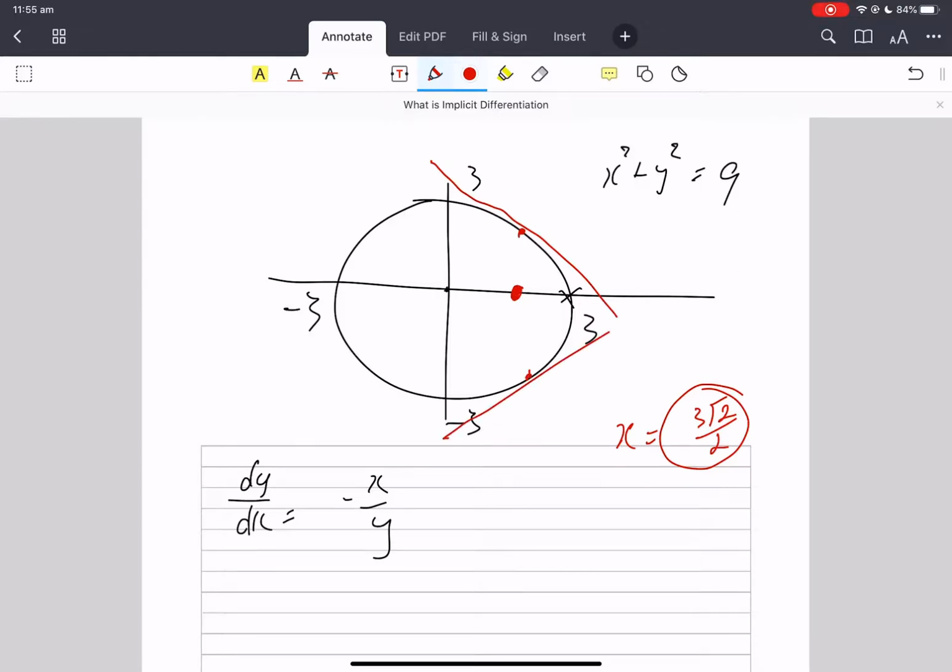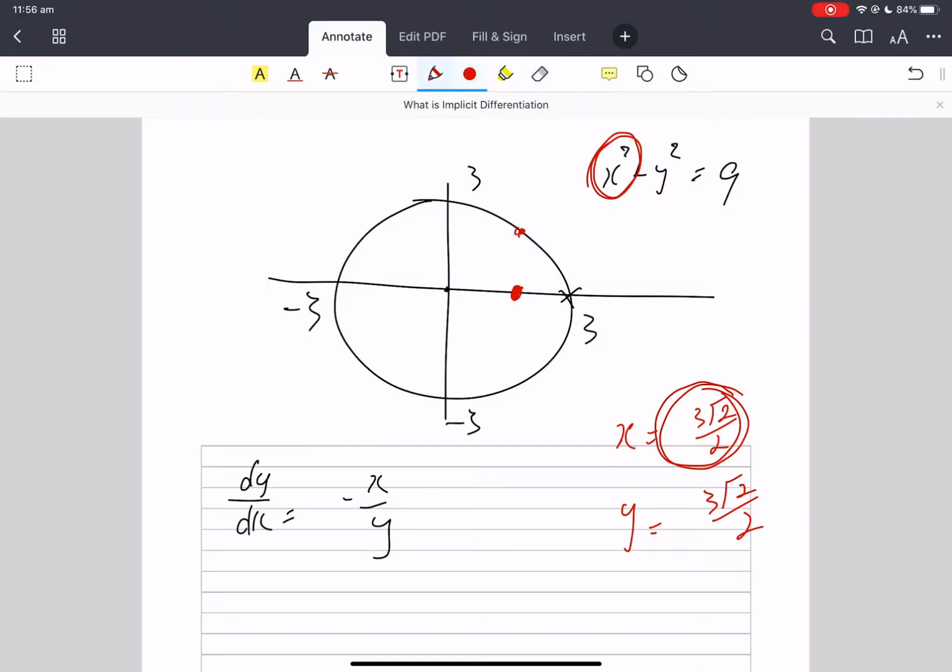I need the actual y value to go into this function to determine which slope I'm looking for. So if I put 3 root 2 on 2 into this value for x, I'm going to get y equals 3 root 2 on 2 as well. And it can either be the plus 3 root 2 on 2 or the minus. So we've got to choose which one we're doing the gradient of.